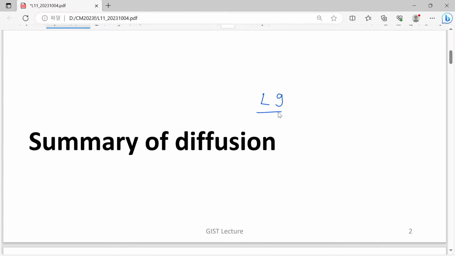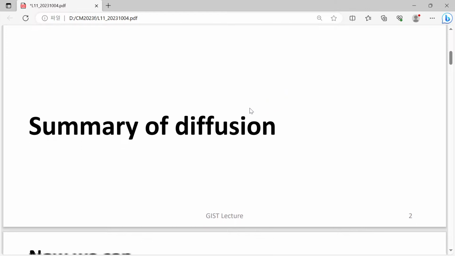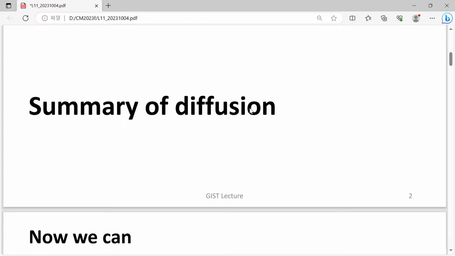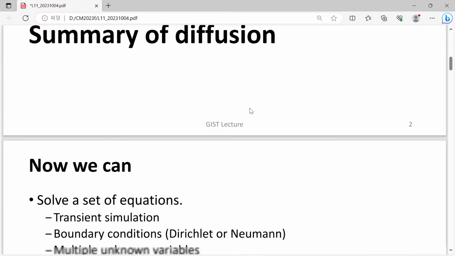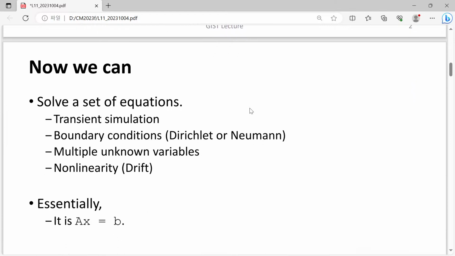We wanted to summarize our diffusion simulation, not in its physical content, but from the viewpoint of numerical analysis. So now we can solve a set of equations, actually differential equations.